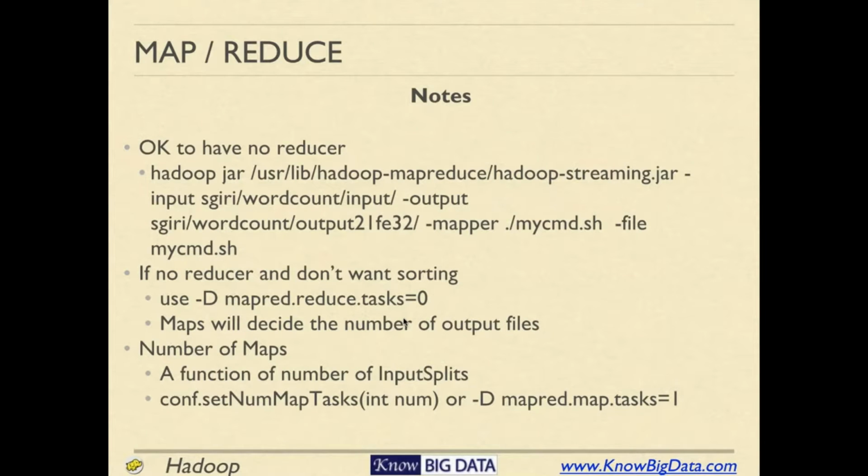Now the question is, how many mappers are there? Every time we execute a command, it creates some number of mappers. What does it mean? Whenever you say mapper, it is a complete program. It gets instantiated, and then it gets executed.